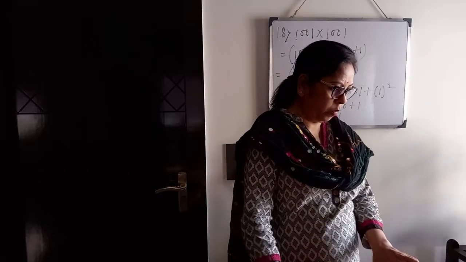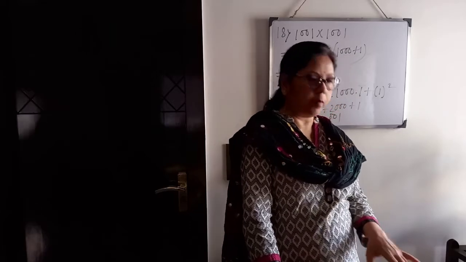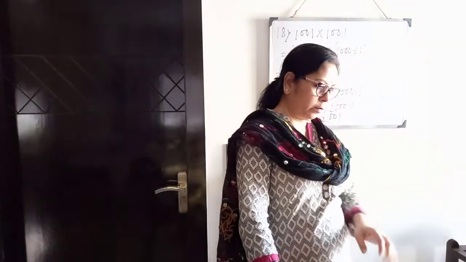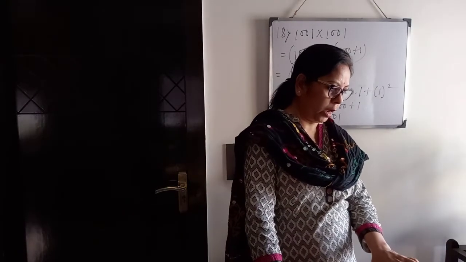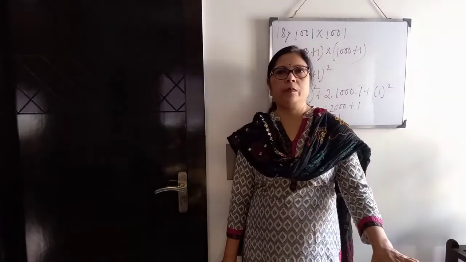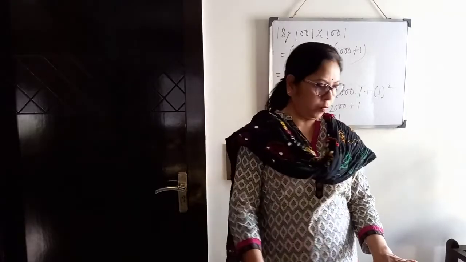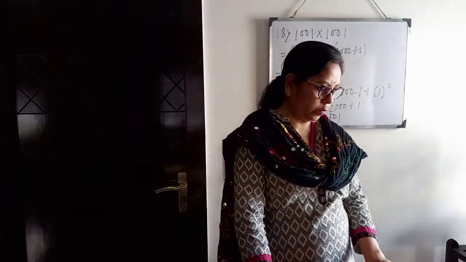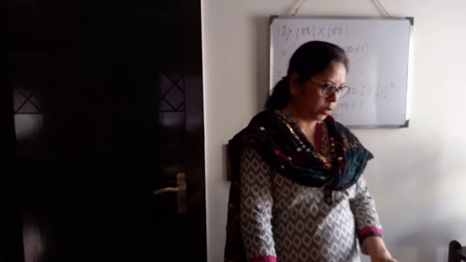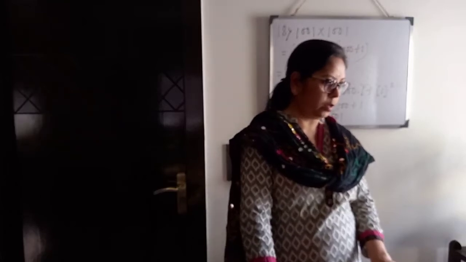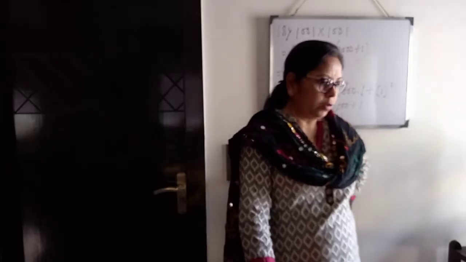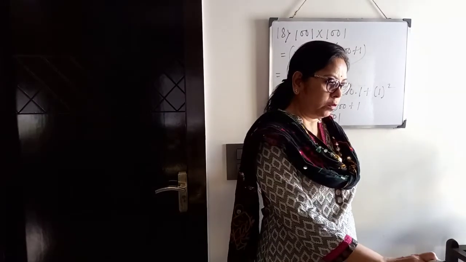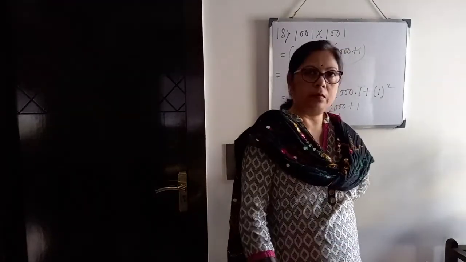105, you will write in that form 100 plus 5 into 100 plus 5. Similarly 220, you will write 200 plus 20. Otherwise it is not possible. In form of 100 you can do 200 plus 20. Clear? Then we have to find out the squares of the following expressions. There are 3 terms.